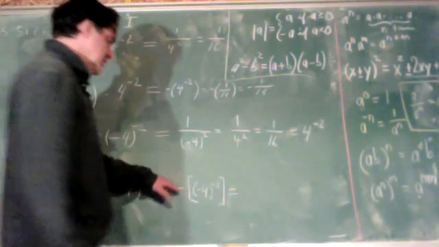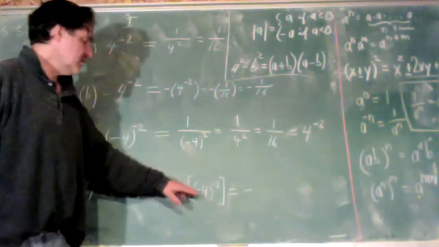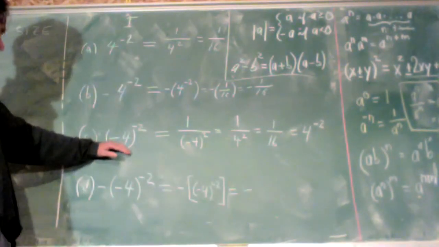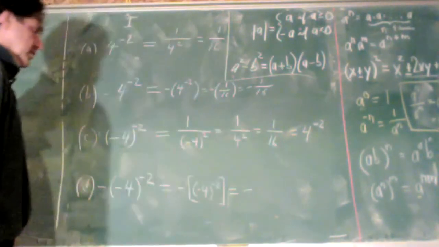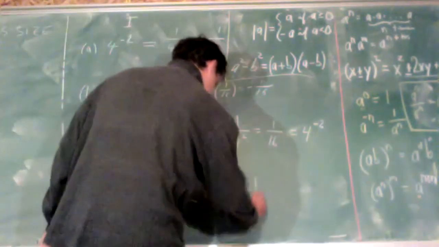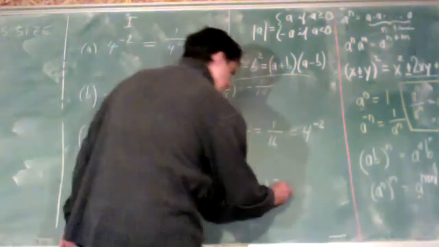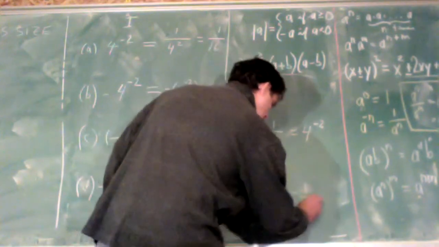The minus stays outside. What's inside? Notice that what's inside here is exactly what we did in case C. And we found in case C the answer to be 1/16. So minus 1/16. Eliminate the square parens, that's just minus 1/16.